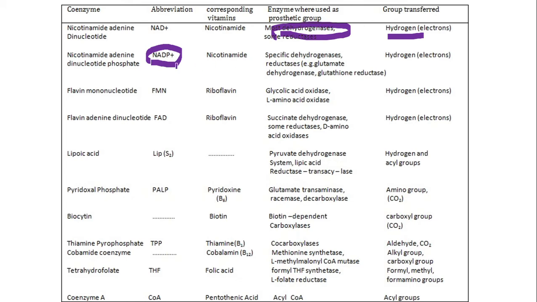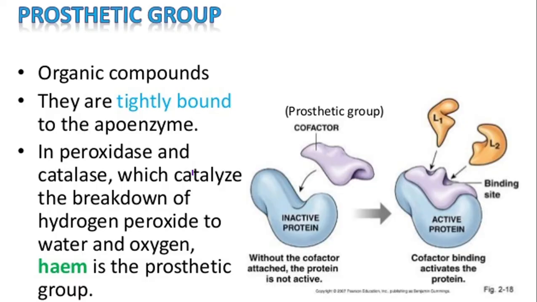Better we say hydrogens. FMN, FAD, etc. are acting as coenzymes of different enzymes. You might have heard of succinate dehydrogenase in Krebs cycle. You know that FAD is the coenzyme for that enzyme. So make a note of this slide as well.